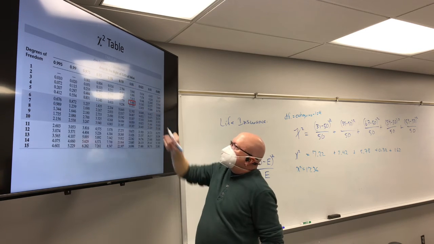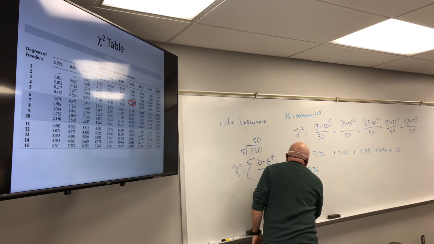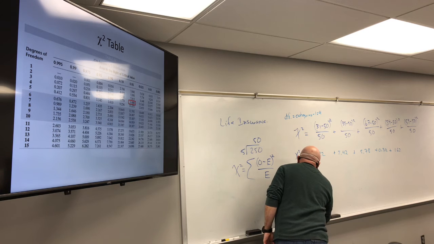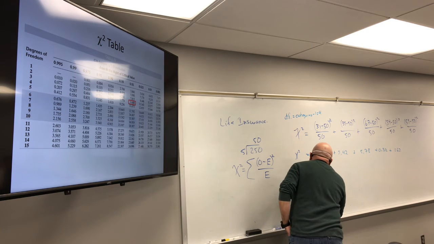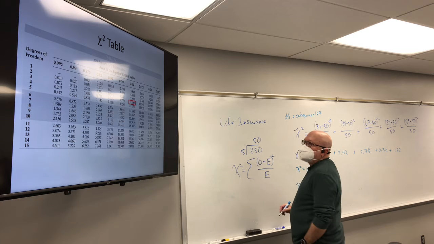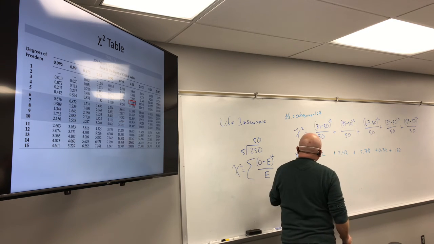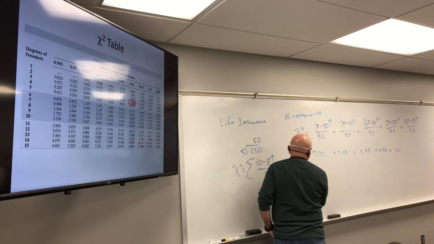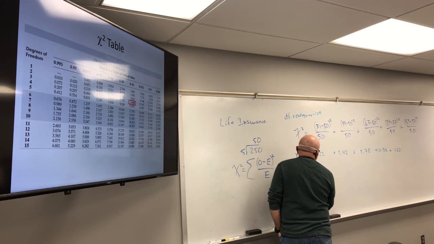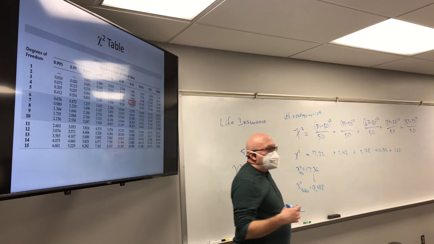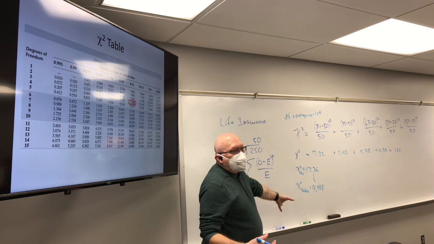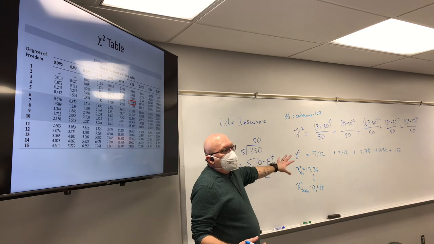We would go down to 4 degrees of freedom, and we would find that the table value is 9.488. And if the observed chi-square value is bigger than this value, then those distributions that you observe are not homogeneous.